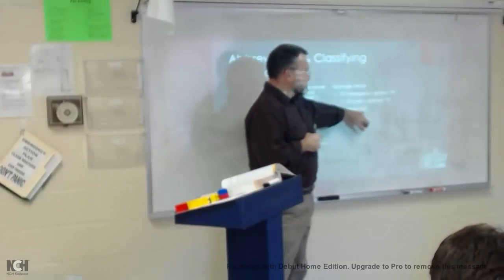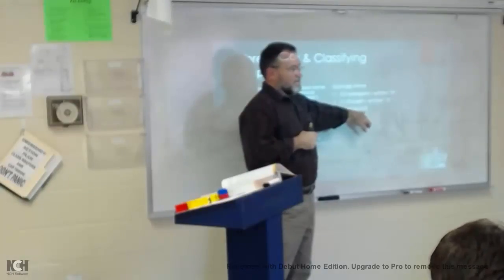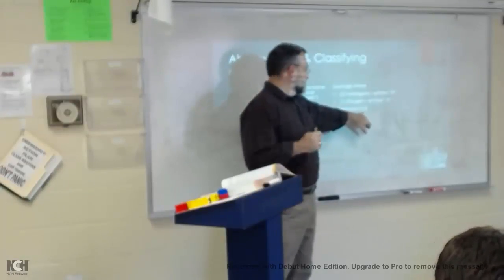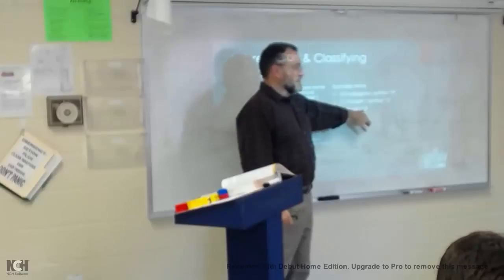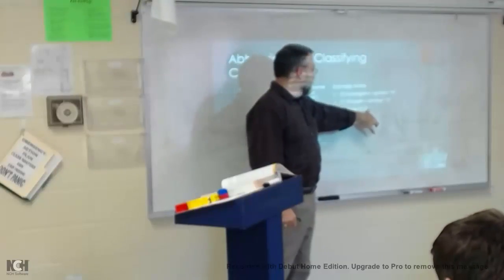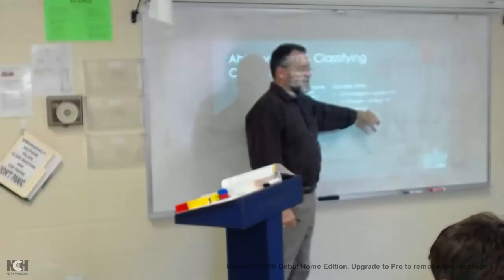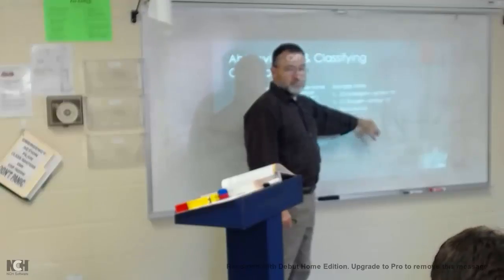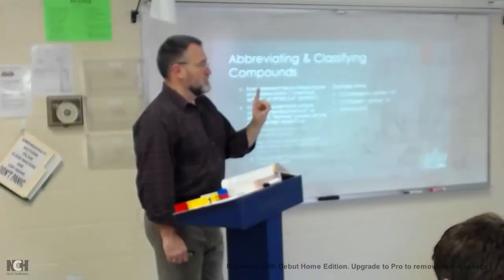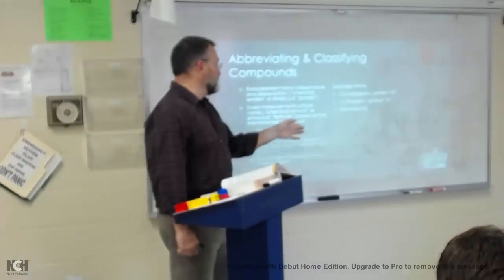There's a 2 subscript behind the hydrogen. That 2 tells me that whatever it's subscripting, in this case hydrogen, that 2 hydrogens combine with 1 oxygen. There's no subscript behind the O. The fact that there's no subscript means that it's a 1. If it was anything other than a 1, it would be written there.